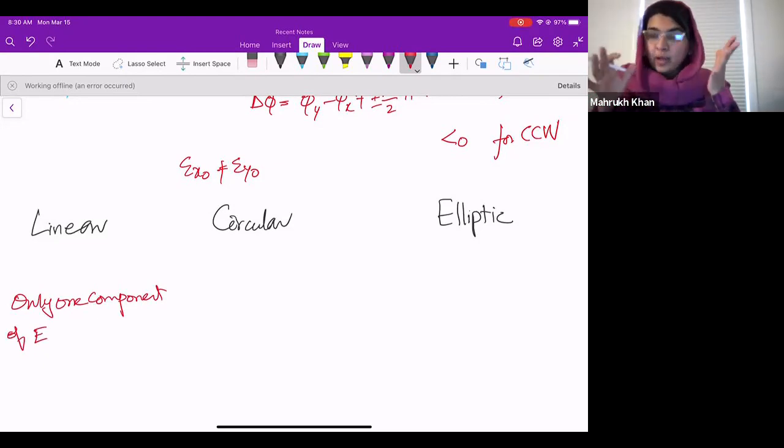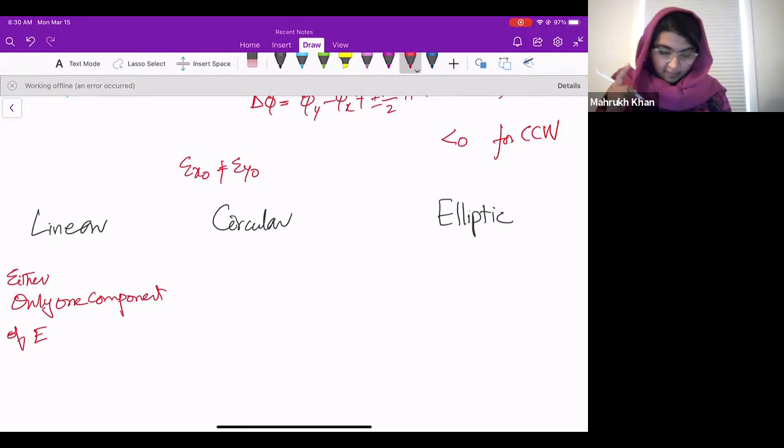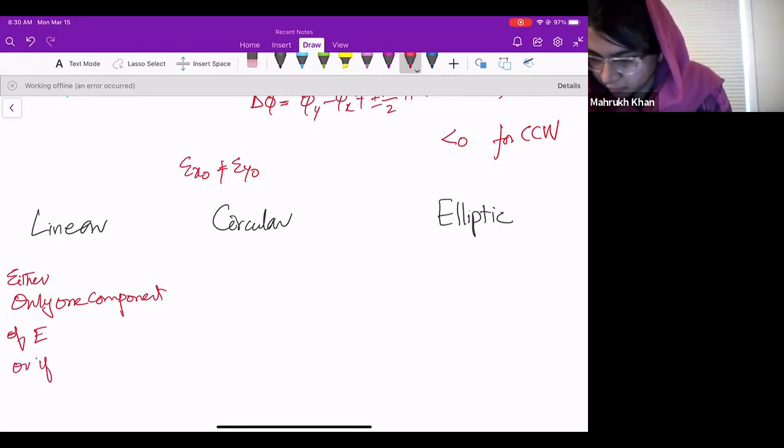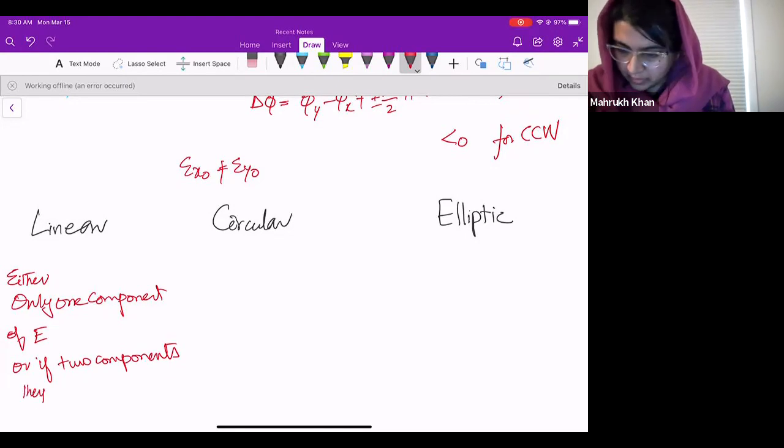Or if you have two components, then they are in phase or 180 degrees apart.